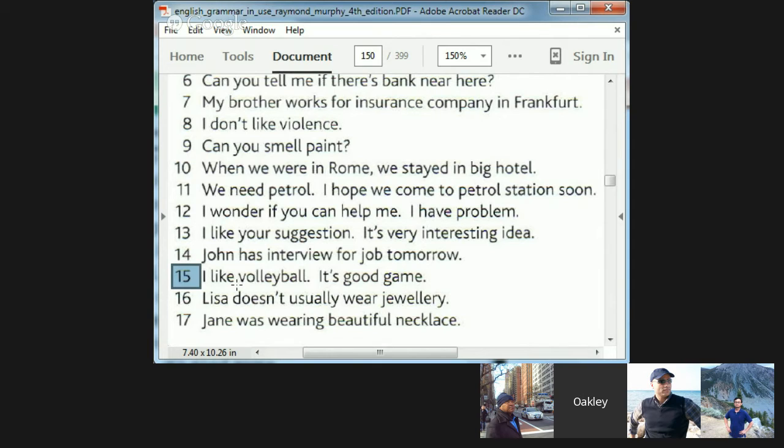Okay, number 15. I like volleyball. It's a good game. What about volleyball? No article, because volleyball is a specific game.